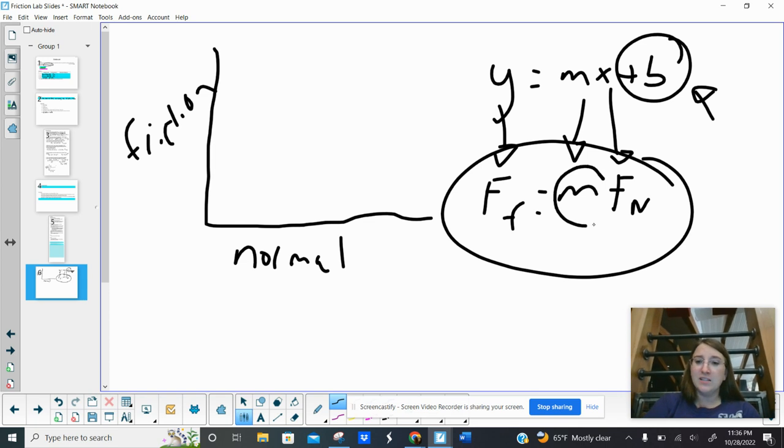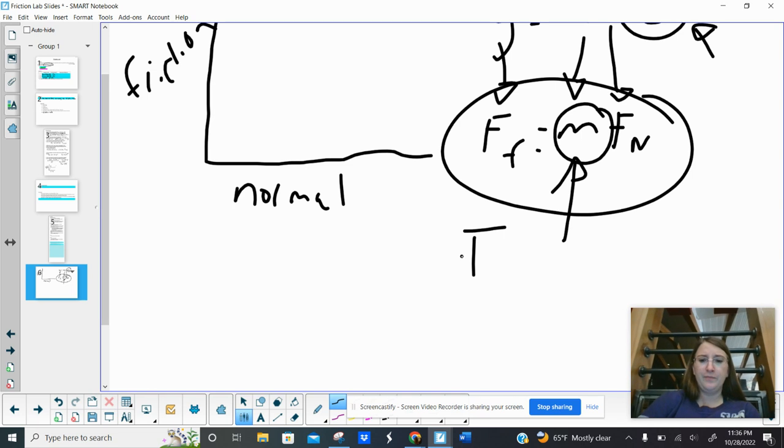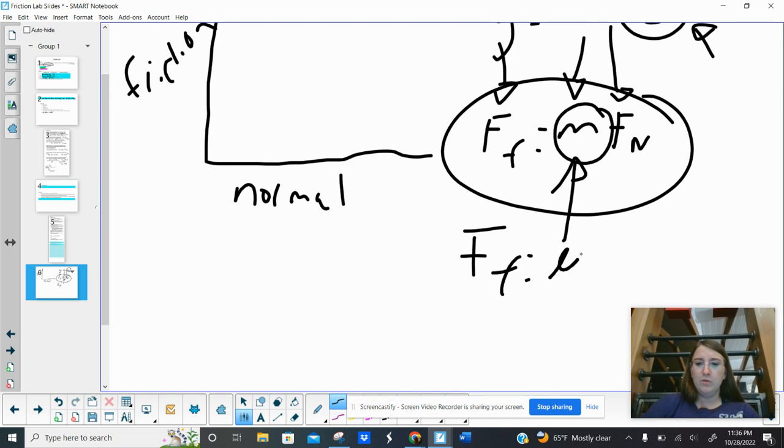If that's the case, what does that mean your slope represents here? Look at the formula for friction. Look at what goes next to the normal force. What does our slope have to be? Well, the formula for friction is mu times the normal force, where mu is the coefficient of friction.